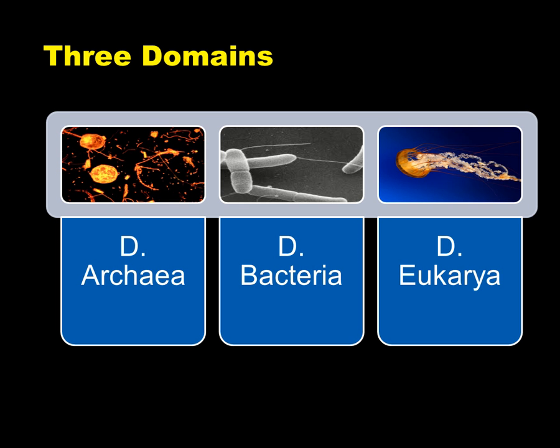So the first two domains, archaea and bacteria, exist as single-celled organisms, and the bacteria, they exist in our environment as a single cell. The entire organism is just a little, tiny little microscopic cell.